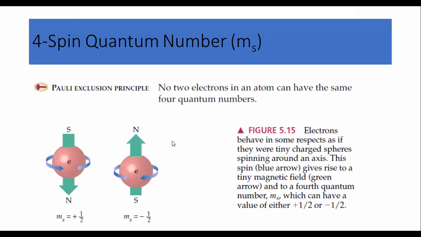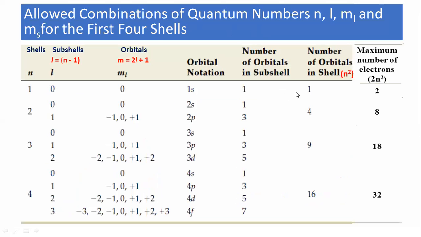Now I am going to conclude what we have learned in all four different quantum numbers. This is just to refresh your knowledge, and you may consider this the conclusion of what we have learned in the four different quantum numbers. We started with the shells, and this is the principal quantum number, shown by the small n.